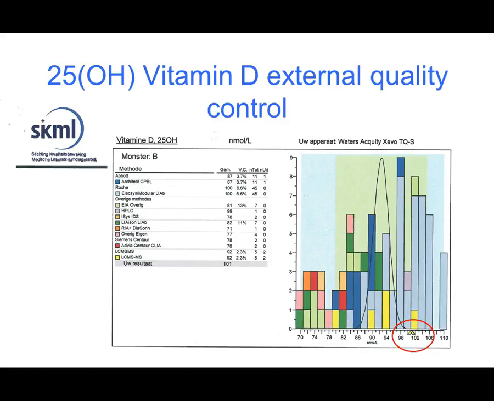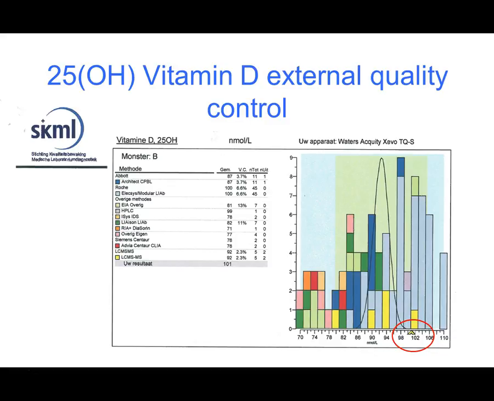For example, the yellow bars are LCMSMS. However, they do not result in comparable results of the 25-hydroxyvitamin D. There's a range from about 80 to about 100 using the same kind of method.